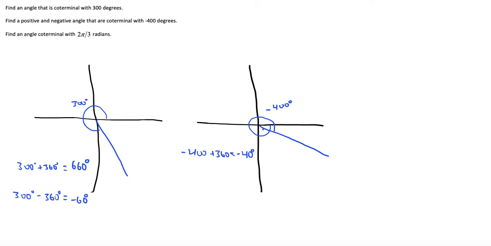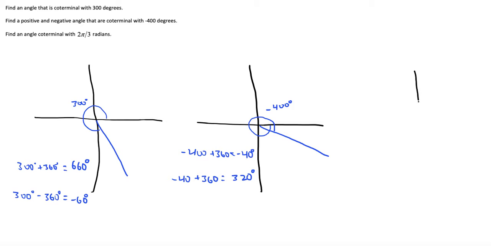We notice that it has the same terminal side. And then we'll just add 360 again, and in this case you notice we get positive 320 degrees. So that means if we went in the counterclockwise direction, then this point would be 320 degrees. You notice negative 400, negative 40, and 320 degrees, these are all coterminal.